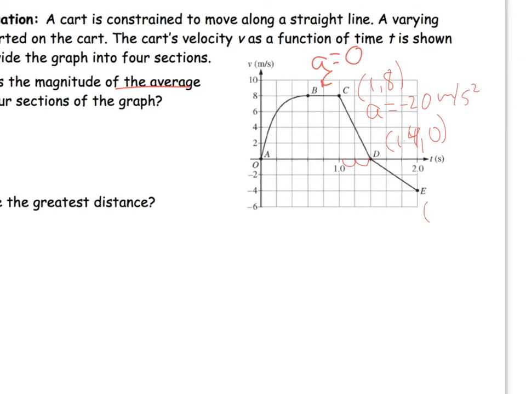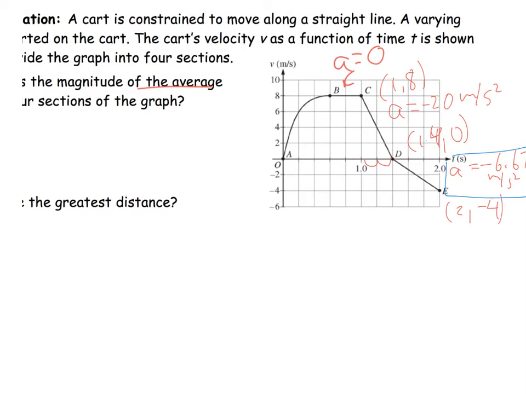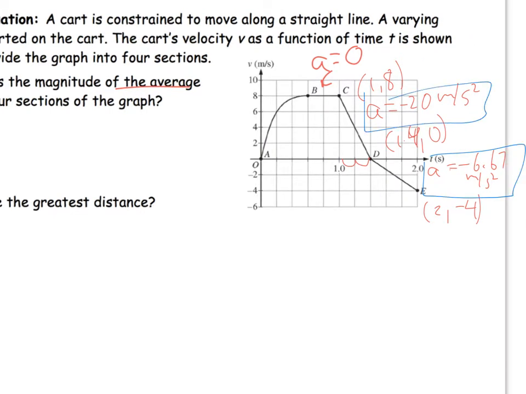From D to E, E is at the point 2, negative 4. So I find that my slope here from D to E is negative 6.67 meters per second squared. Now I have three of my slopes: from D to E, from C to D, and from B to C. The only thing remaining is the final slope from A to B. This one's a little bit tricky because it's a curved line, but it did mention we want the average acceleration.